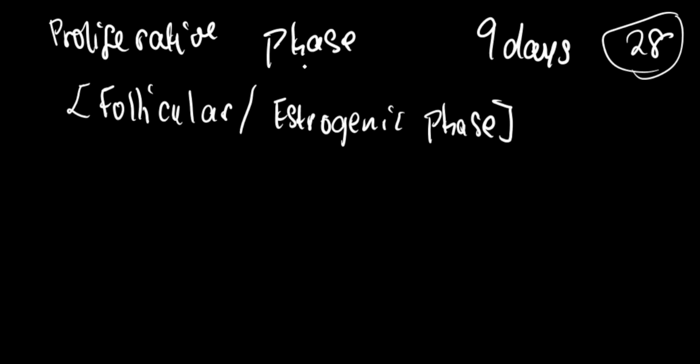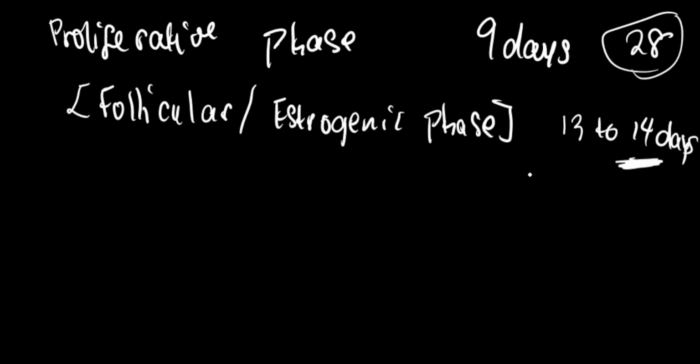So far, with both the menstrual phase and proliferative phase, we have about 13 to 14 days. Very important is day 14, as we'll go on to see in the average menstrual cycle of 28 days.